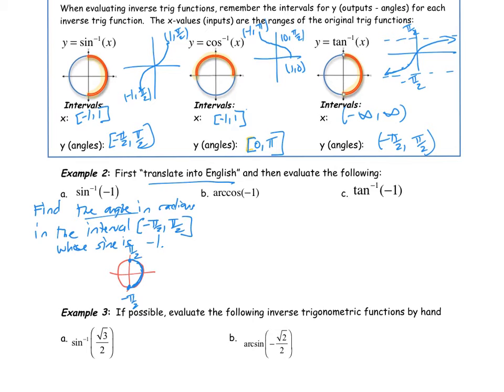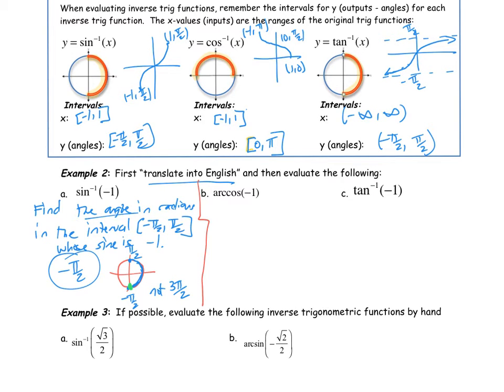And now we have to find the point in this interval that has a sine of -1, and that point is going to be at -π/2. Please note that you cannot name this as 3π/2. Even though that's a coterminal angle, the interval for these outputs is between -π/2 and π/2. So if you write 3π/2, that is incorrect.